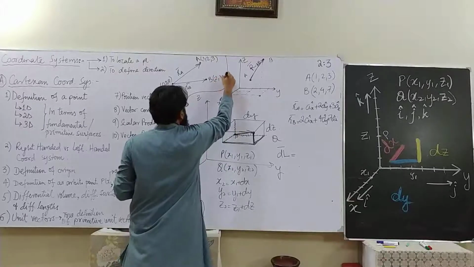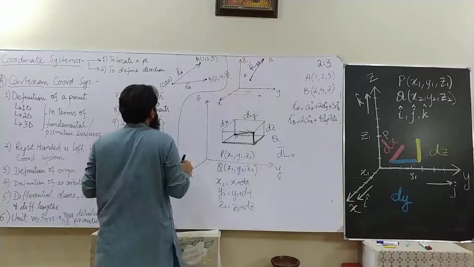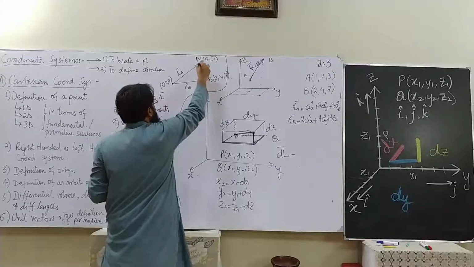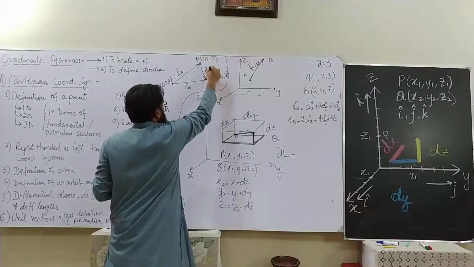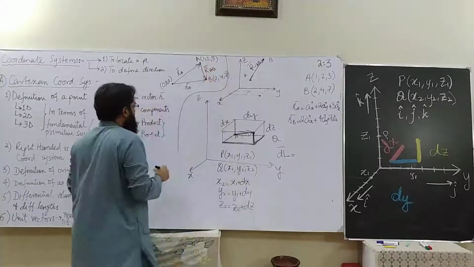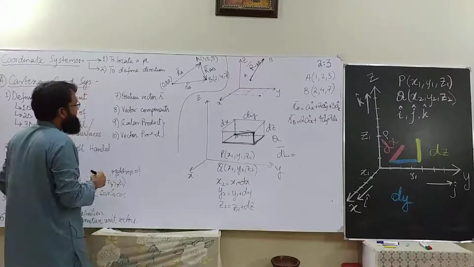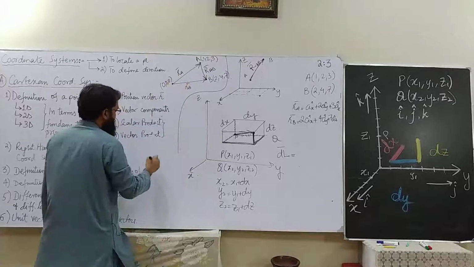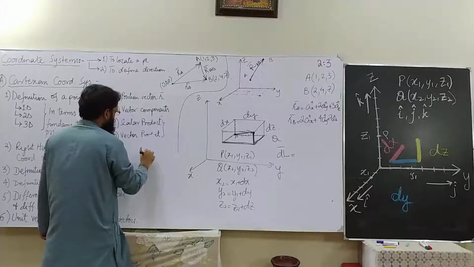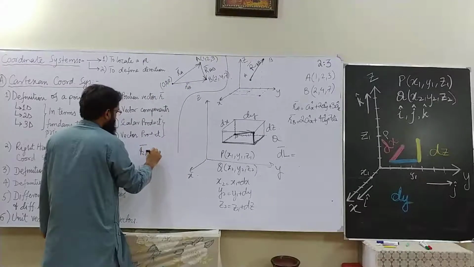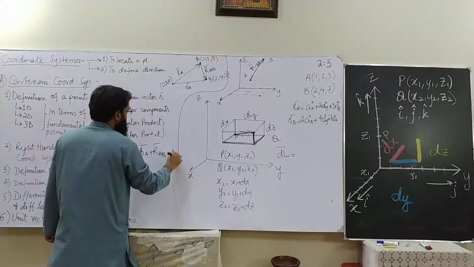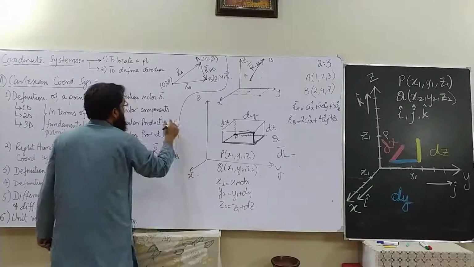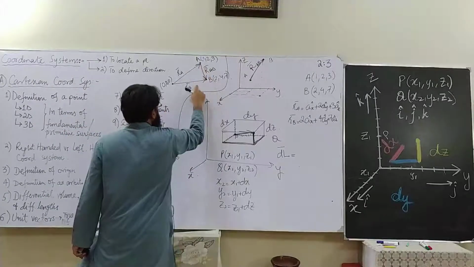2, 4, and 7. If I want to find a vector that starts from A and terminates at B, we should realize that this is a vector addition problem where position vector RA plus RAB is equal to RB, by the head-to-tail rule. This vector plus this vector is this vector.